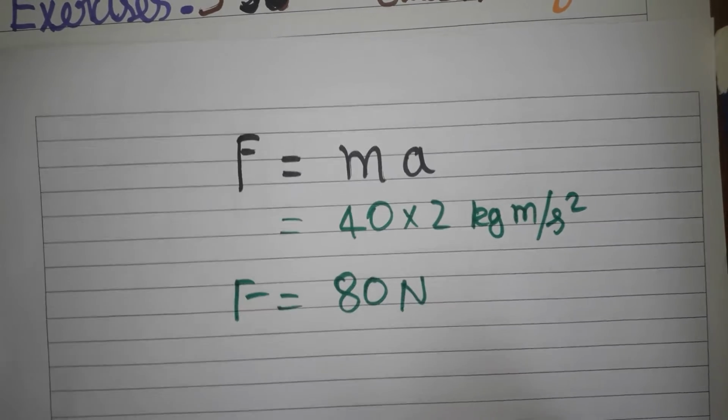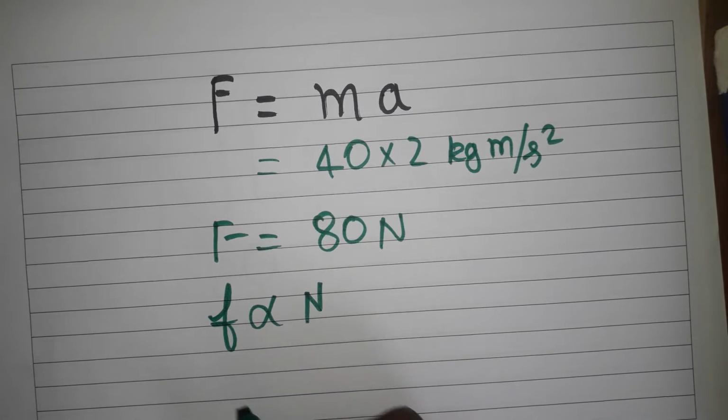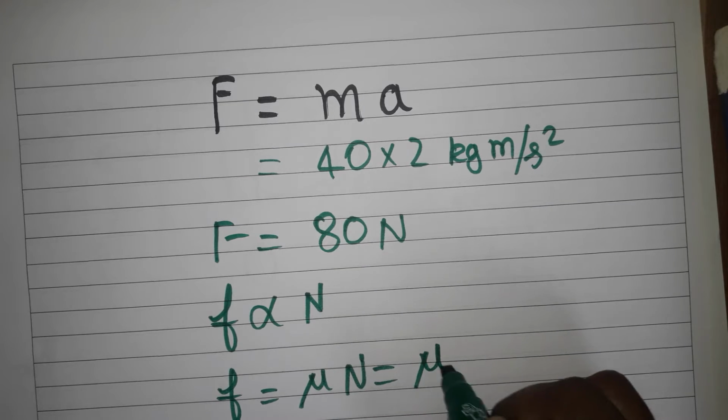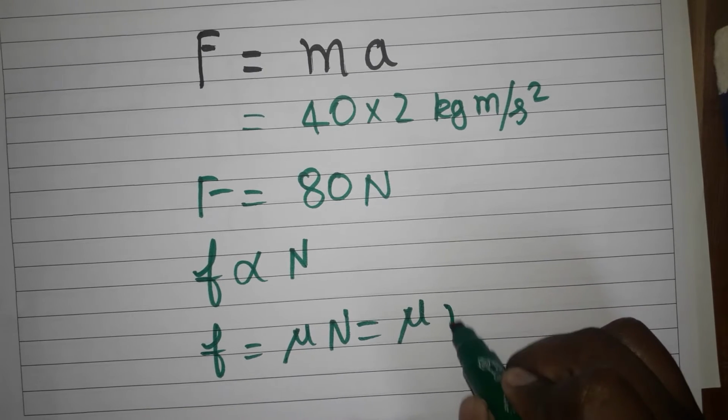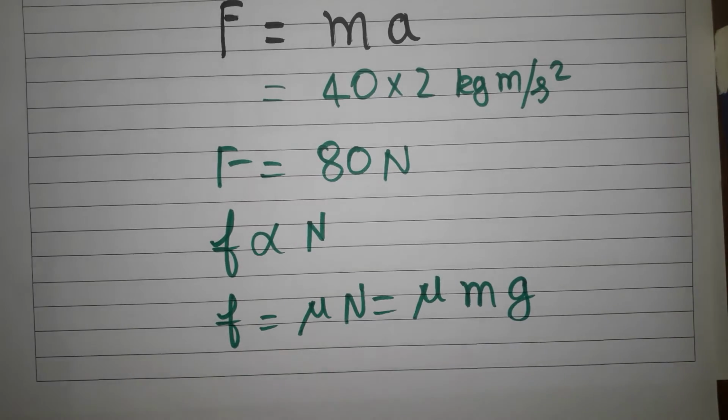Now the friction force is directly proportional to the normal reaction force. Friction force is equal to mu times the normal reaction force, where mu is the coefficient of friction, m is the mass, and g is the acceleration due to gravity. Now what is the friction force created on the block?